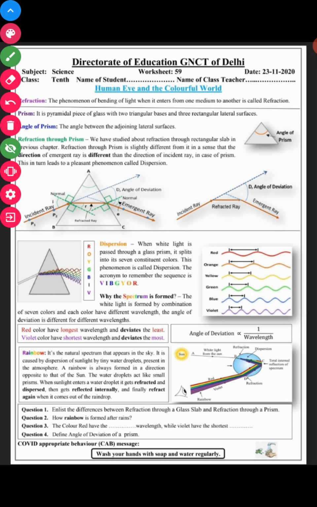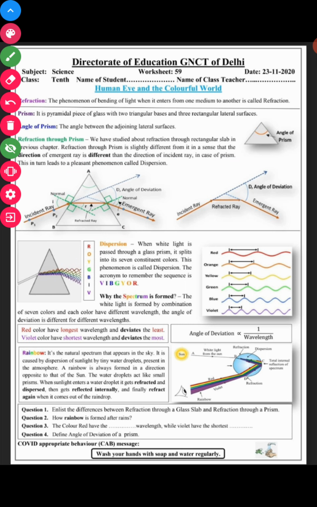Refraction through a prism: we have studied refraction through the rectangular slab in the previous worksheet also. Refraction through the prism is slightly different from it, in the sense that the direction of the emergent ray is different from the direction of the incident ray in the case of a prism, and this leads to the phenomenon called dispersion.